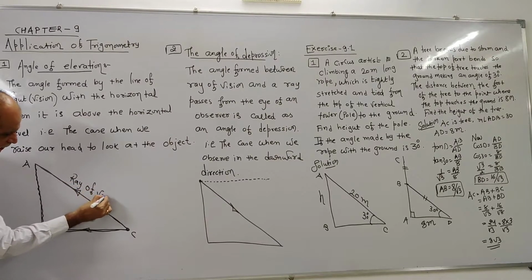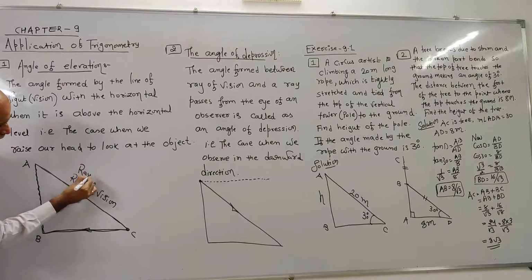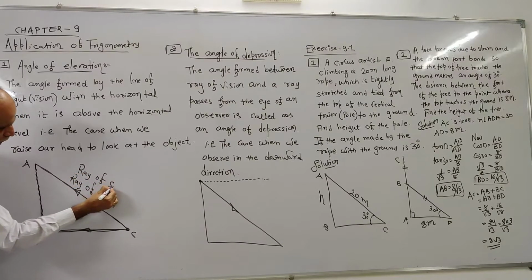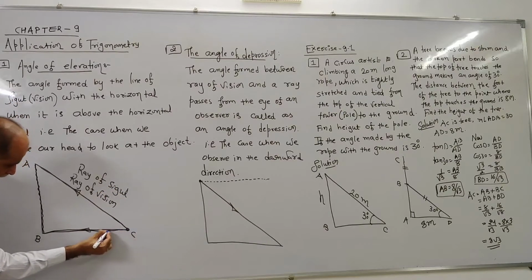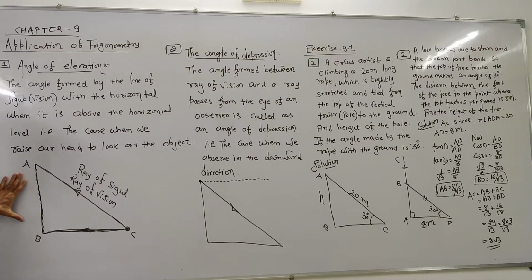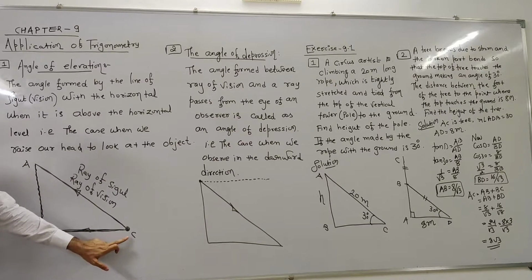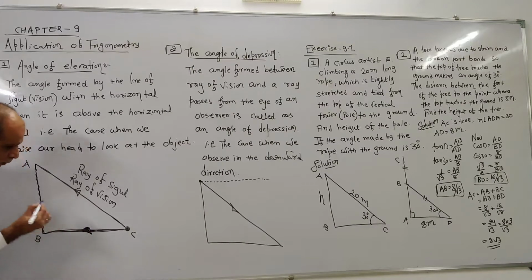Ray of vision, you can say ray of sight. And this is known as the horizontal ray passing from the eye of an observer. Because AB is a tower, A is the top of the tower, and C is the person, BC is nothing but the horizontal ray passing from the eye of an observer.